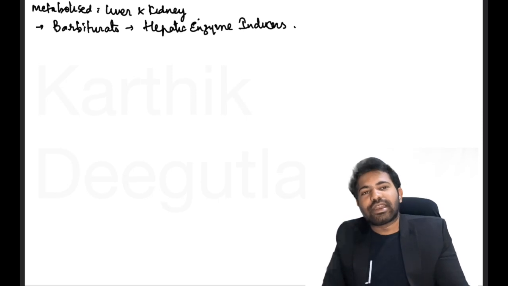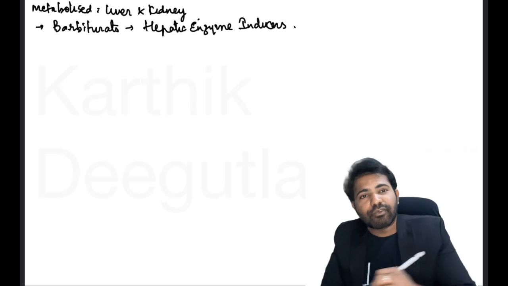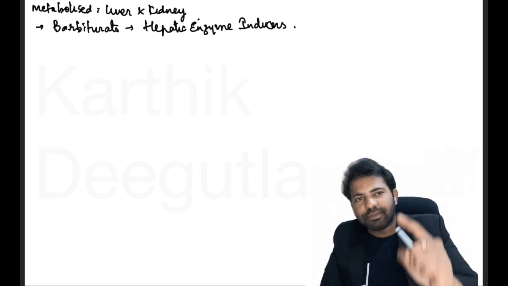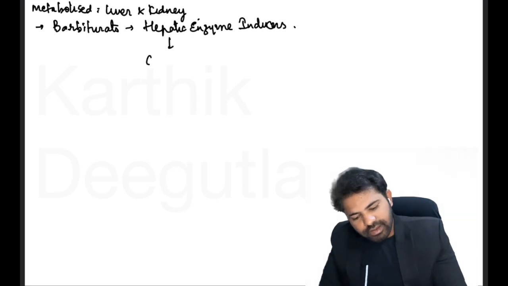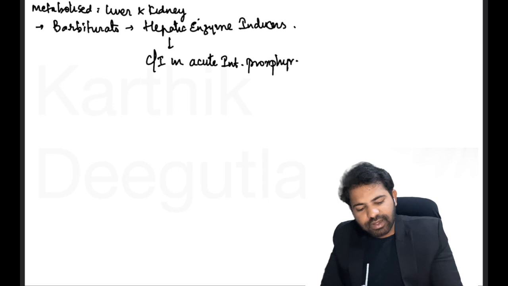That is the reason they are contraindicated in acute intermittent porphyria. You can use propofol but not thiopentone. Thiopentone is contraindicated in acute intermittent porphyria. This question was asked previously. This is a previous year question too.